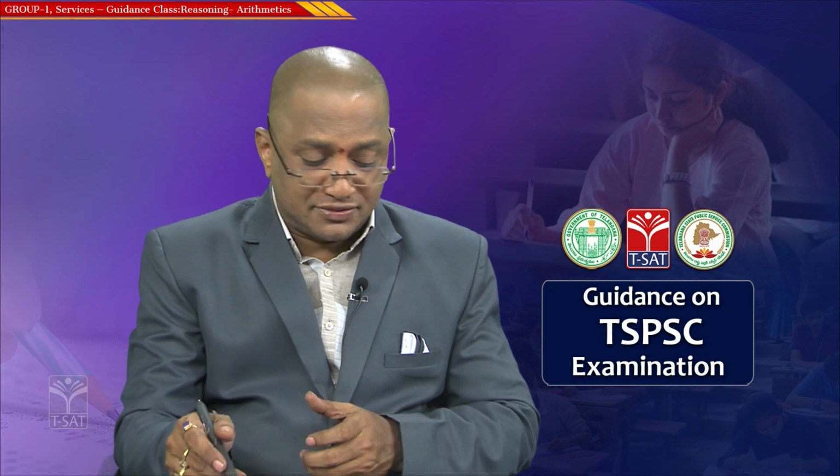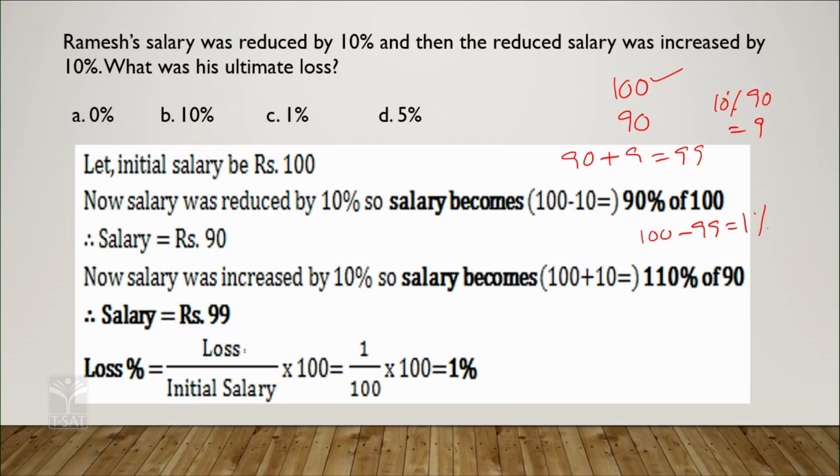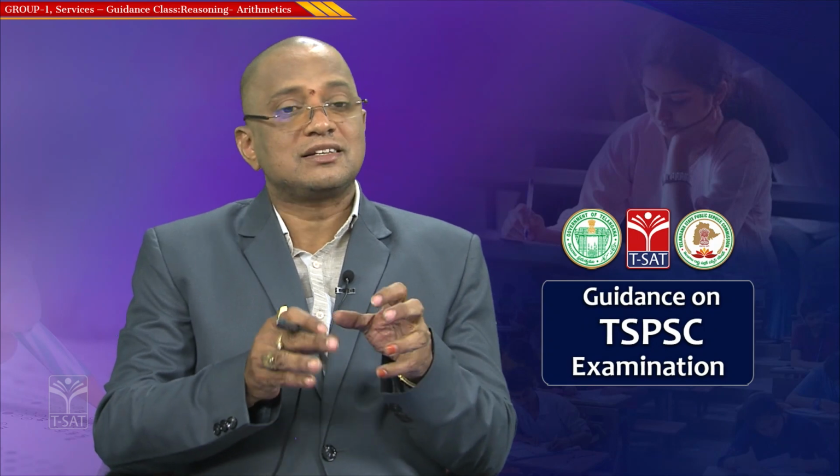The salary was reduced by 10%, so it is 90% of 100, that is 90. Salary increased by 10%, that is 99. Loss is how much? 1 rupee. Initial salary is 100, so 1 by 100 into 100, which is equal to 1%. Is it clear? In this way, you can calculate the ultimate loss.